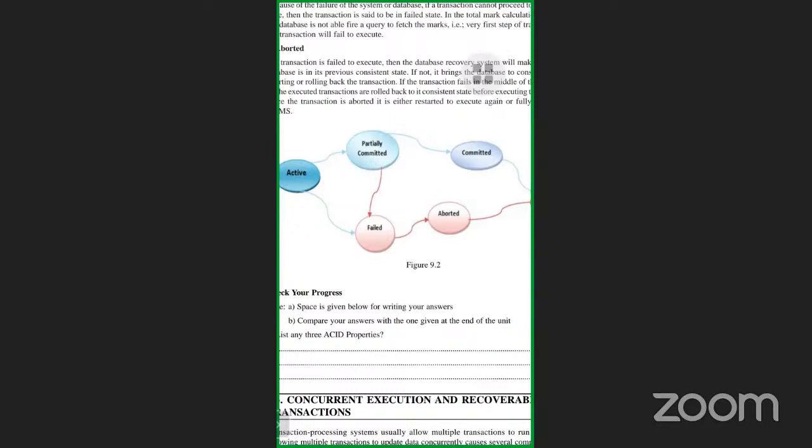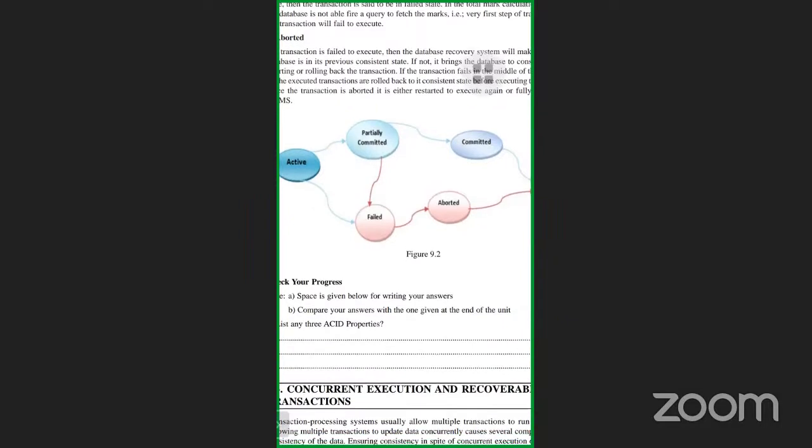So aborted means the transaction has been aborted, and the message is also given by the bank. Only the bank maintains the database and all these instructions. When the amount is there in my account, and there is no network problem, everything works properly and all are in the active position. Then my friend receives the money, and that is called committed.